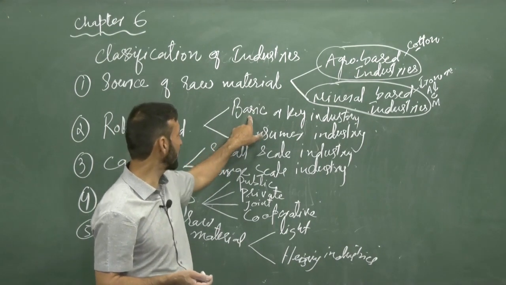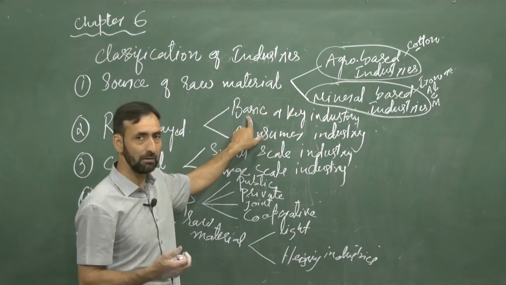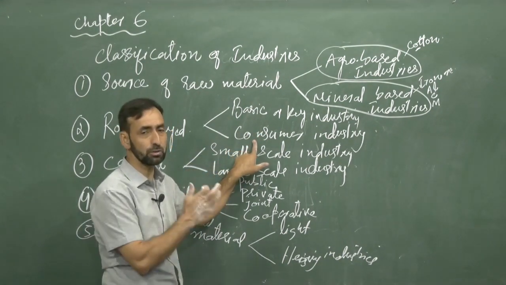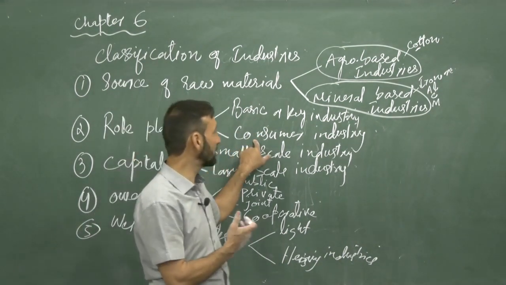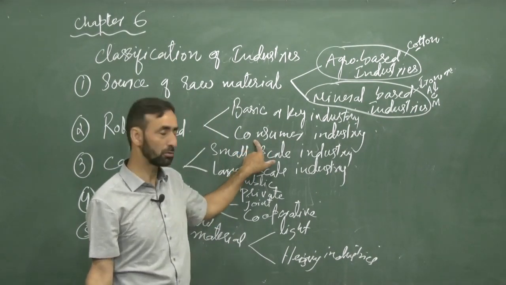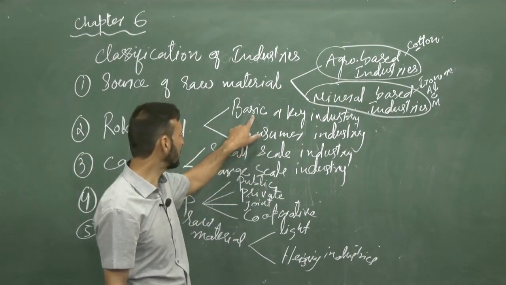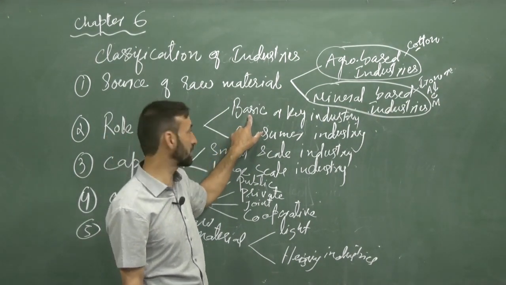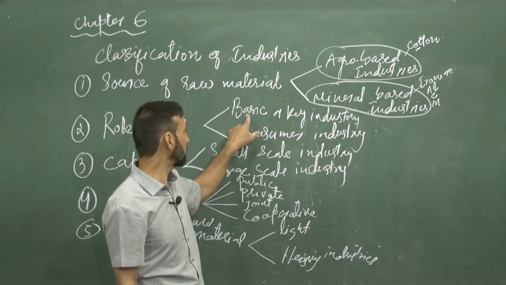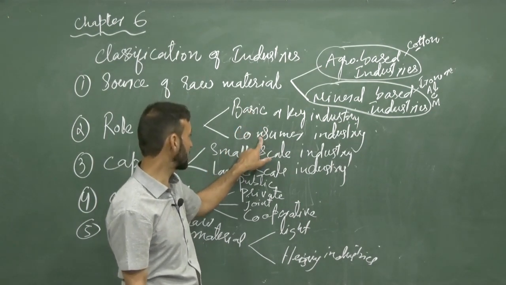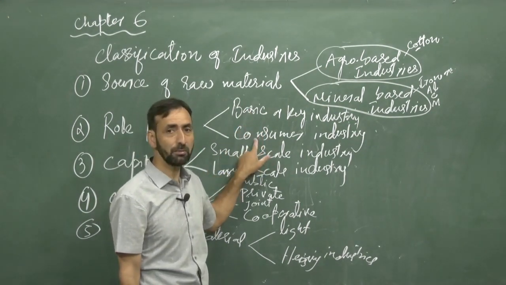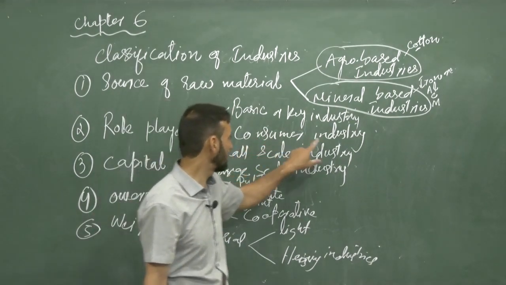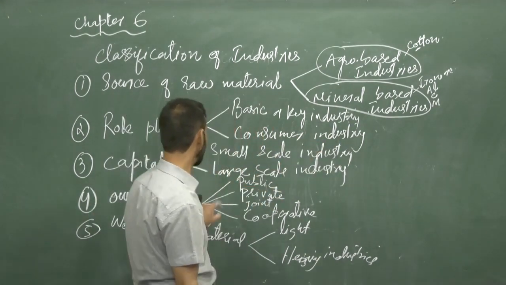It provides us a pure material, which is sent to the consumer industry. The consumer industry will convert it into different valuable goods. Likewise, the iron and steel industry is a basic industry. It will provide steel to the consumer industry, which will manufacture different types of goods with this steel.